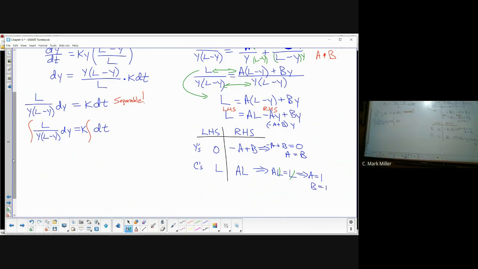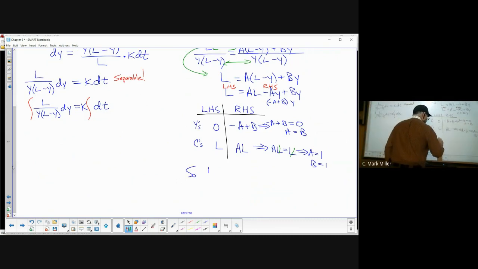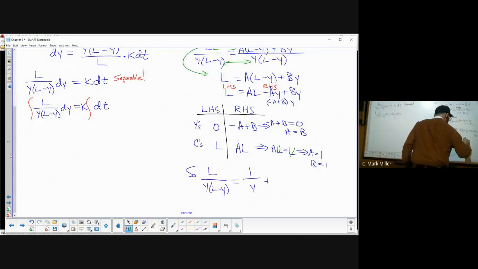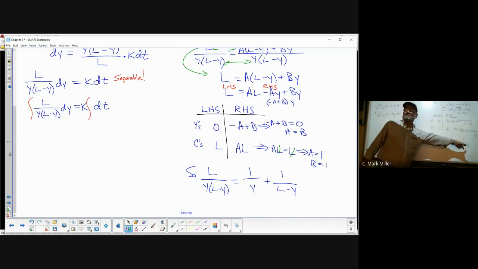And here's where we're going to stop. This means we have A and B. So our fraction, L divided by Y times L minus Y, equals 1 over Y plus 1 over L minus Y. This thing right here equals that, and we know how to integrate both of those.